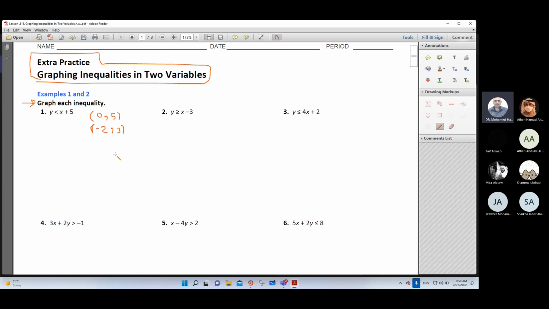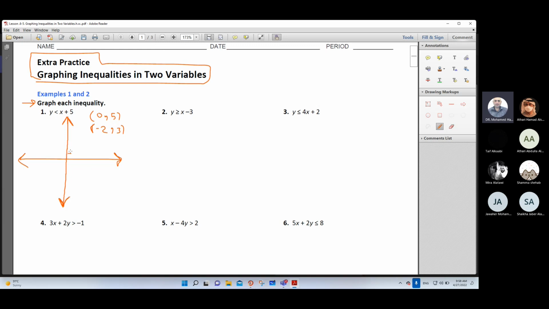Then you can graph the coordinates. The first point is (0, 5): 0 in x, 5 in y.